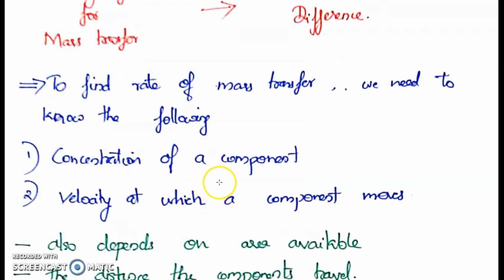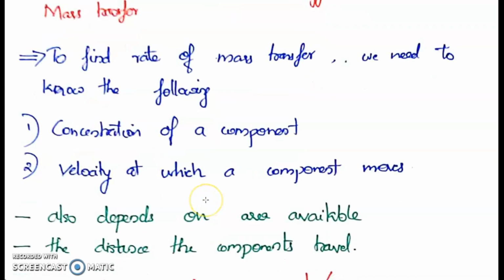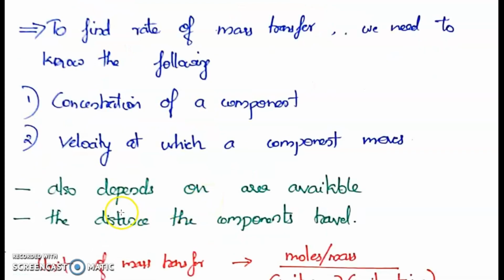We also need to know the velocity at which the component moves. In all the demonstrations, you see the molecules are in constant motion. So we need to know two things primarily: the concentration of the component and the velocity at which that component moves. And the transfer will also depend on the area available.